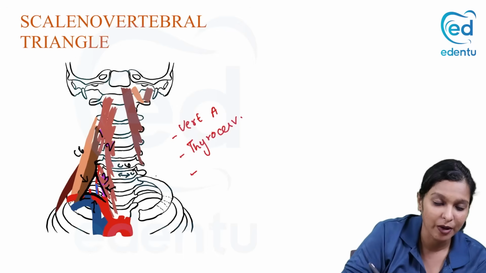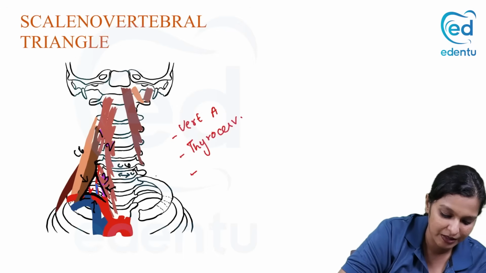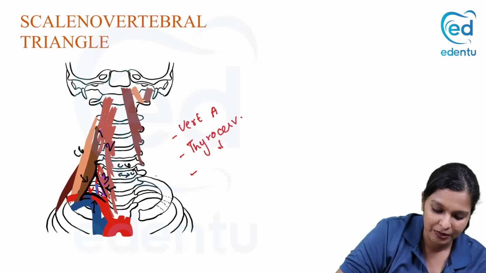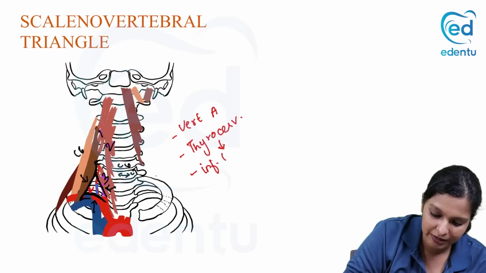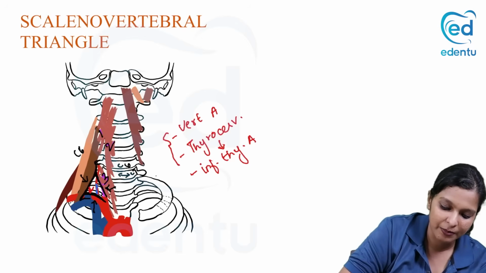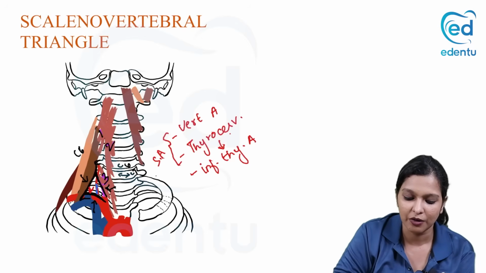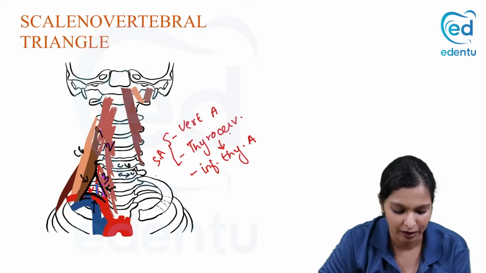We have a branch from this thyrocervical trunk present in the triangle, called the inferior thyroid artery. So these two are branches from the subclavian artery and this is a branch of the thyrocervical trunk.